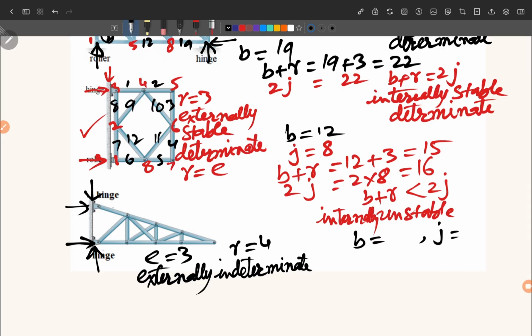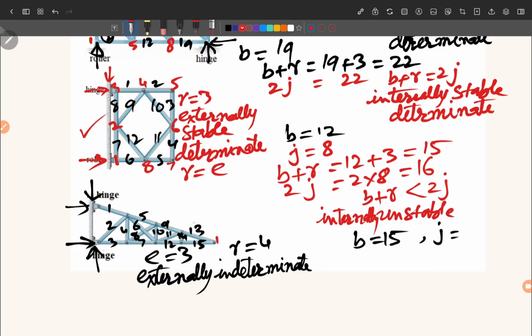So first we count the bars. Okay, 1, 2, 3, 4, 5, 6, 7, 8, 9, 10, 11, 12, 13, 14, 15. So bars are 15. Now we count the joints. How many joints are there? Okay, joints I am writing with the red color.